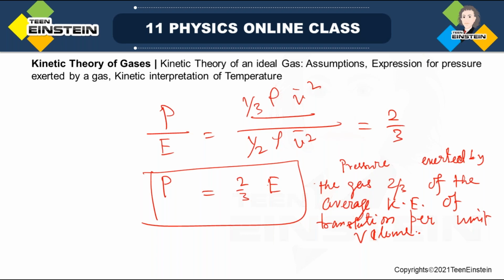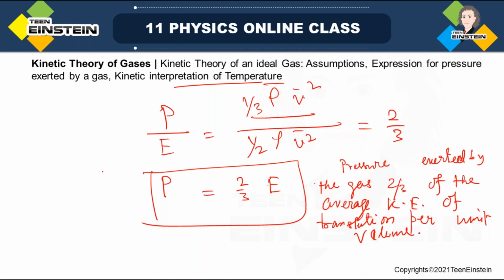Okay, so we'll stop it here. We'll take this pressure as our reference, using this expression P is equal to one-third rho v square. We'll try to give the kinetic interpretation of temperature.